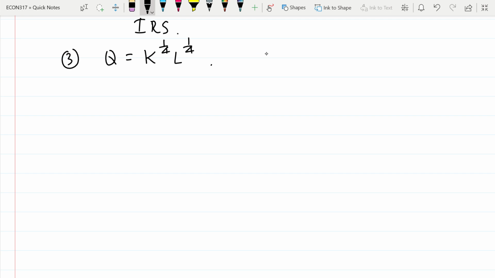Remember, this is also a Cobb-Douglas production technology with the power of K to be 1/4, L also 1/4. And I start with K equal to 1, L equal to 1, which means Q is 1 to the power 1/4, 1 to the power 1/4, I get 1.